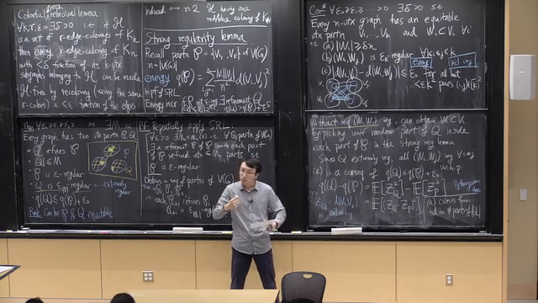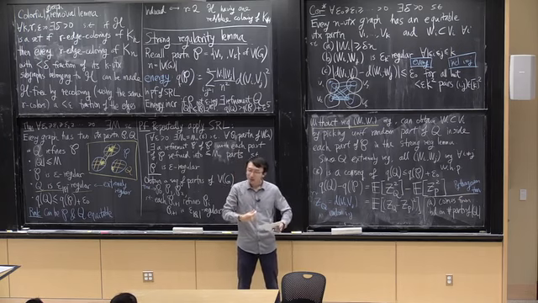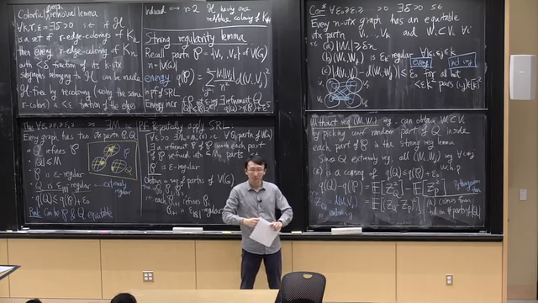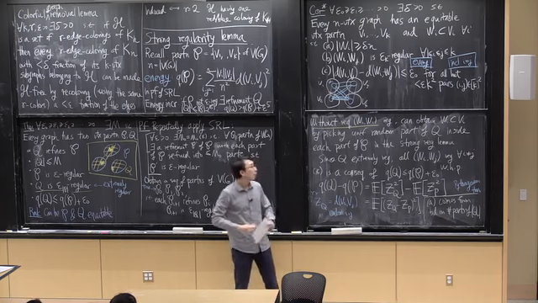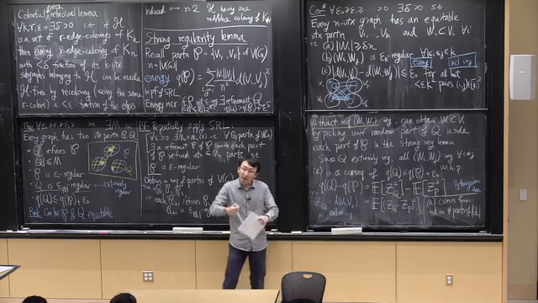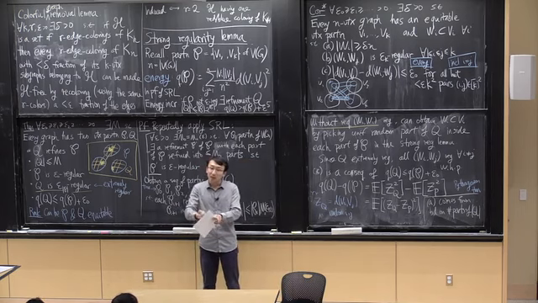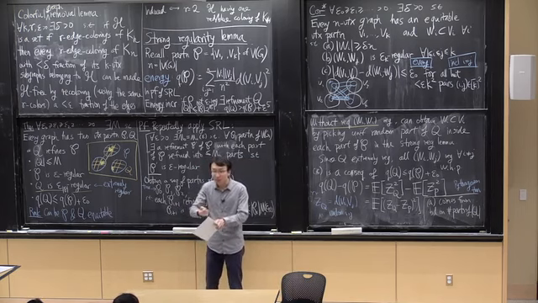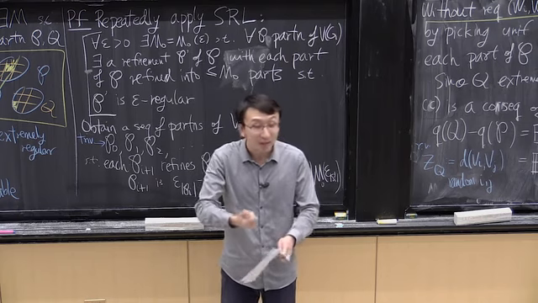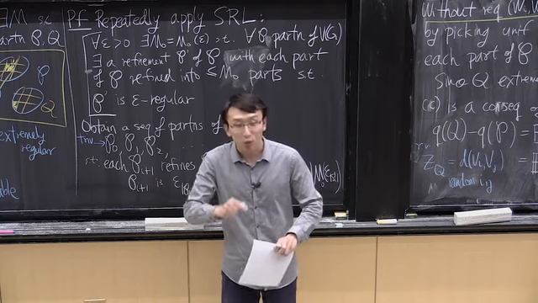I won't explain how to do that, and part of the reason is that this is also one of the homework problems. On problem set 3, you are asked to prove that every graph has a subset of vertices that is of at least constant proportion, such that it is regular with itself.